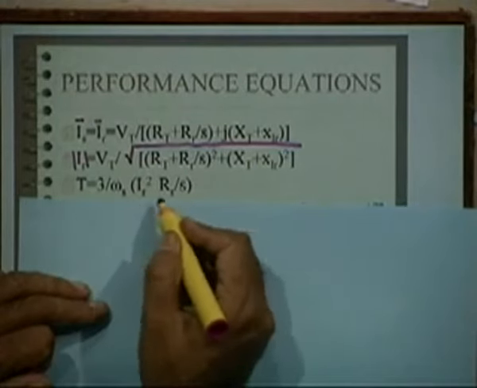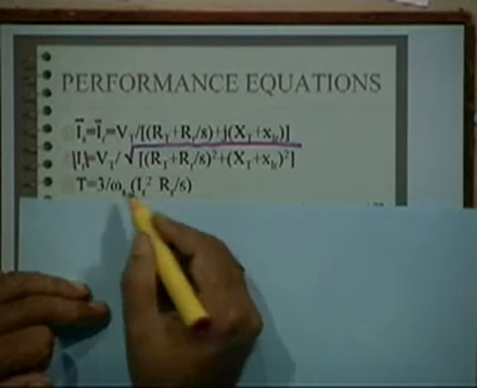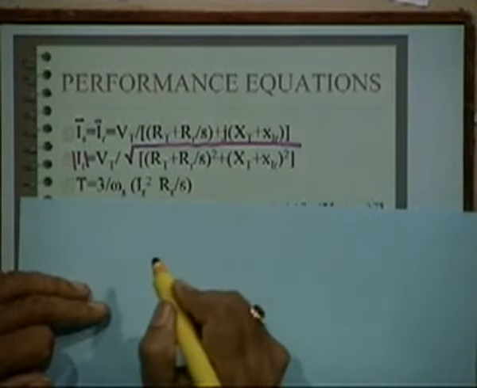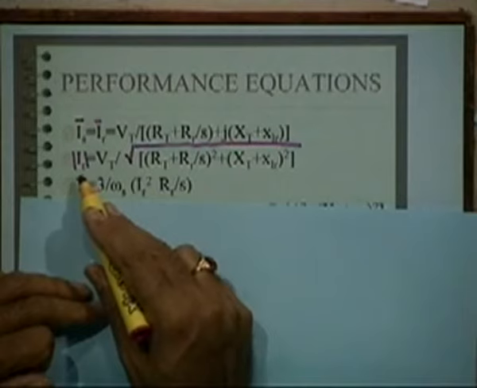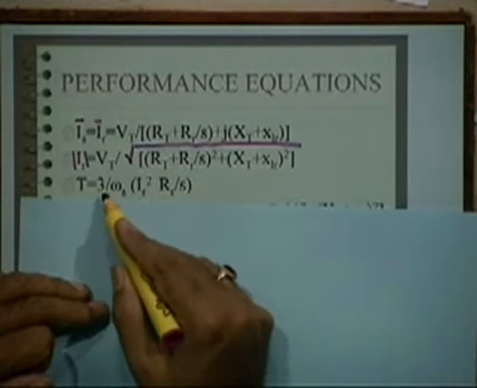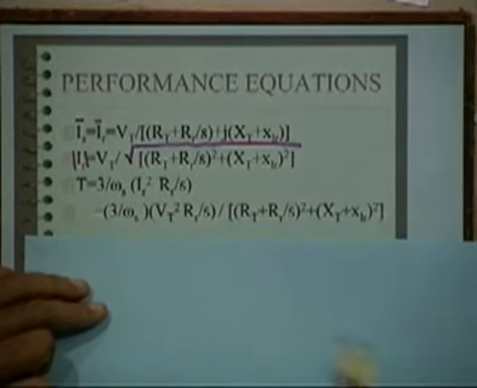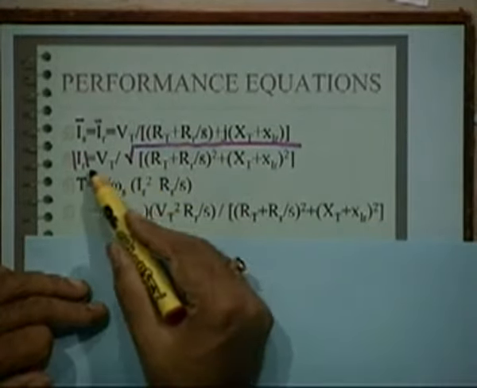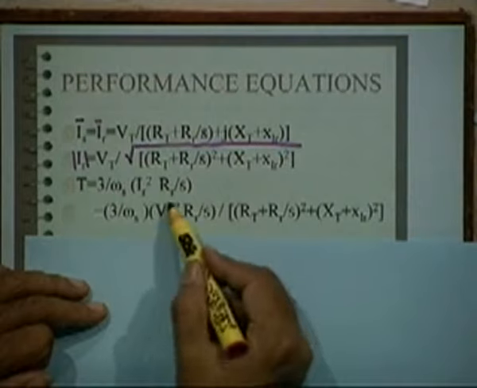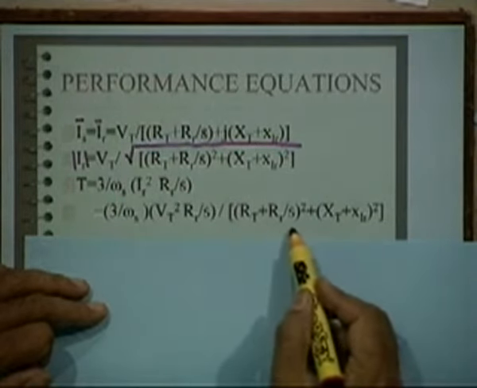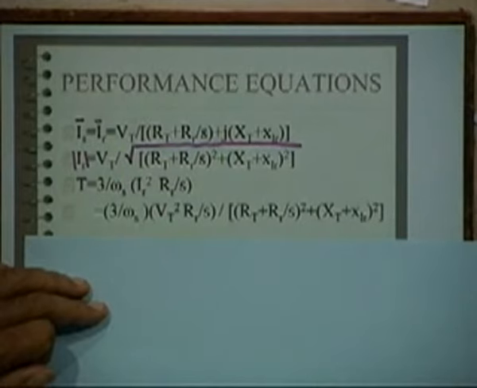Now the torque would be IR square RR by S, where IR is the magnitude again. So you know the expression for IR, right. The torque is 3 by omega S into IR square RR by S, and now if you substitute that, it is 3 by omega S into VT square into RR by S divided by RT plus RR by S whole square plus XT plus XLR whole square, isn't it?